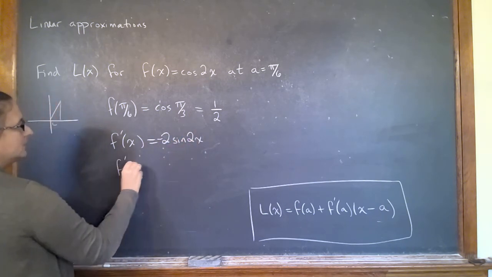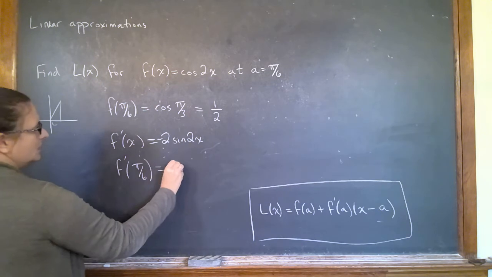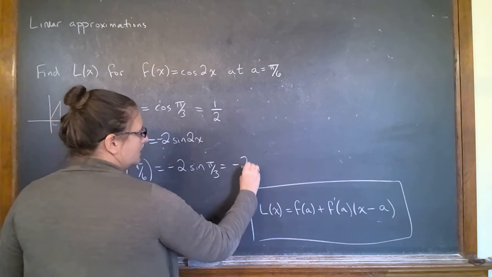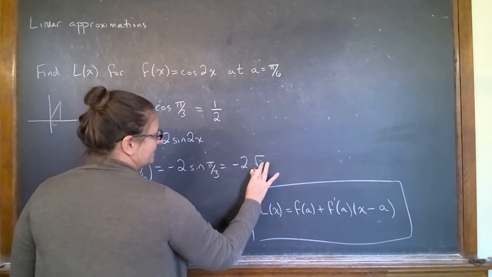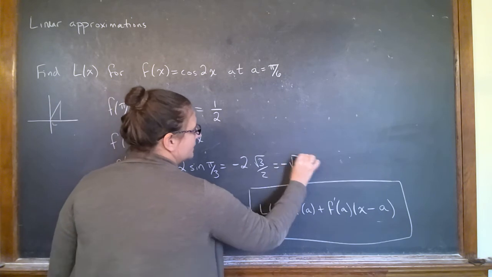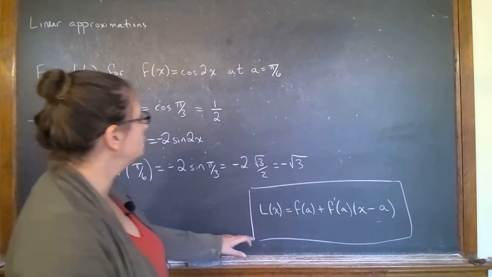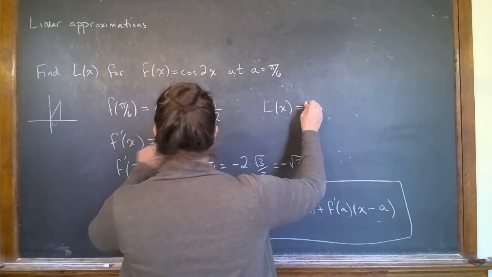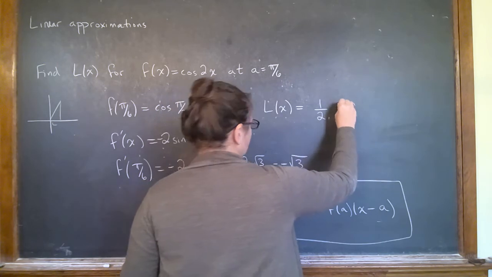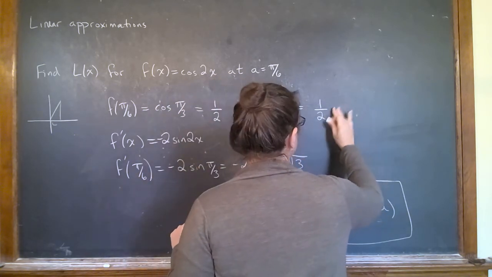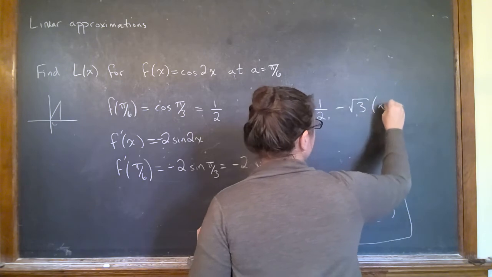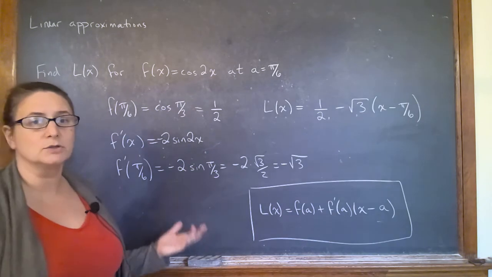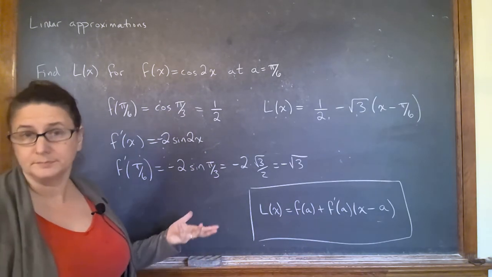So f prime of pi over 6 is minus 2 sine of pi over 3. That's root 3 over 2, sorry guys, so I have negative root 3. If I plug this into my equation in the box, my linear approximation is going to be 1/2 plus or minus square root of 3 times x minus pi over 6. Okay, fine. So that's a good approximation near that point.